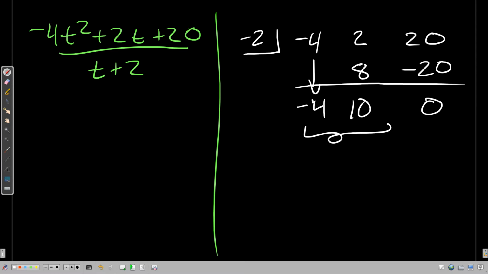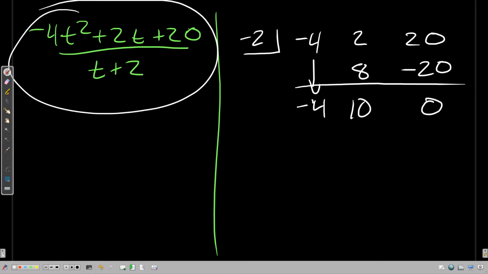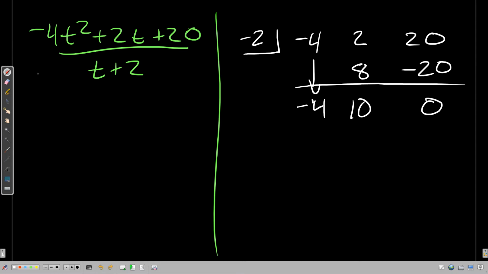Then these numbers are the coefficients of the answer, right? So this division right here, this is literally a division, and this numerator divided by that denominator is exactly minus 4t plus 10.